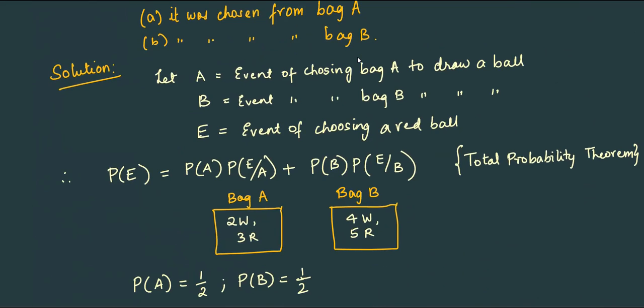Problems are difficult not because of applying Bayes theorem. If the concept is clear, it may get difficult only in terms of calculation. As far as concept wise, it is very, very easy once you get the concept right. All right, we'll do more problems.